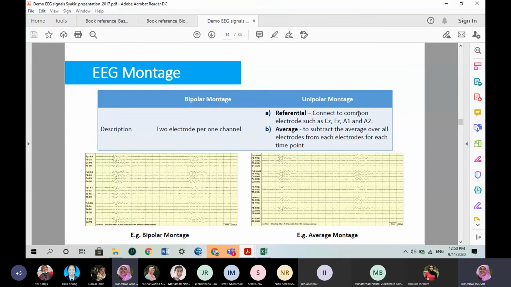Whereas for unipolar montage, the referential connects to common electrodes such as the CZ, FZ, A1, and A2. Sometimes you use CZ or FZ for the reference, sometimes you use the A1 or A2. The average one is to subtract the average over all electrodes from each electrode for each time point.